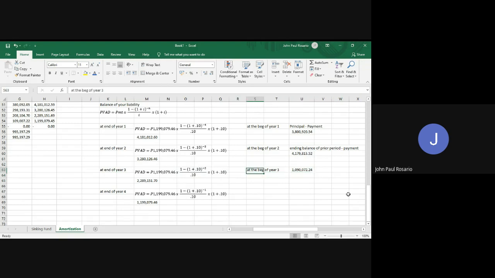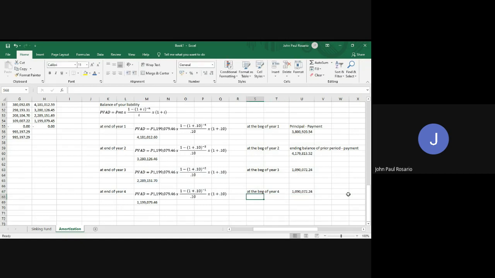Then lastly, beginning of year 4. So that's the balance at the end of year 3 minus 1,199,079.46.